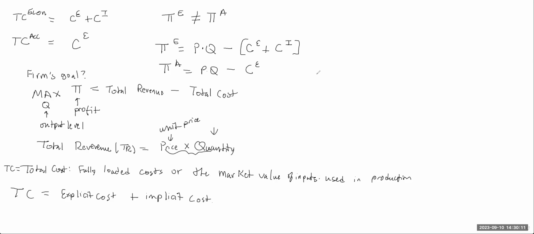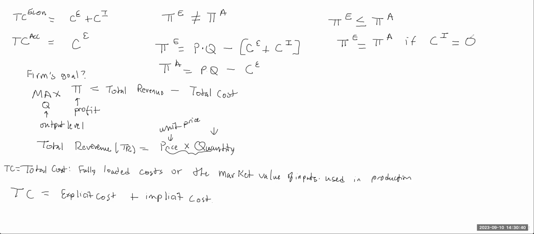Okay. So here we see the difference is that economists consider implicit cost. Usually profit for economists is less than or equal to profit for accountants. The only way they are equal is if implicit cost is equal to zero, or there's no implicit cost.